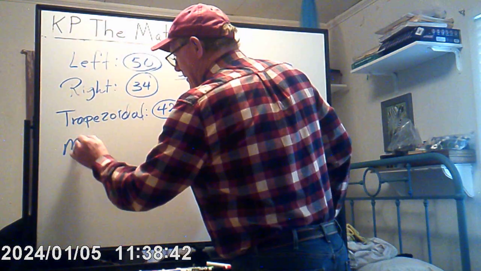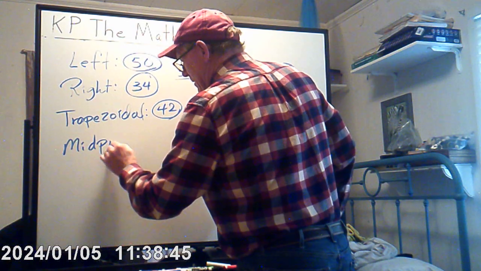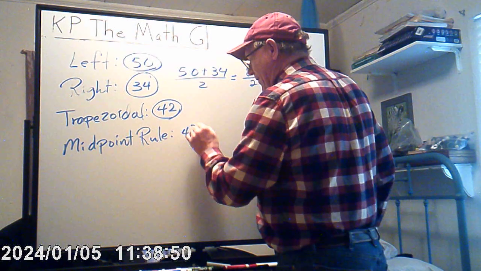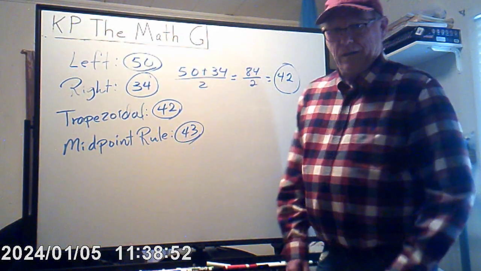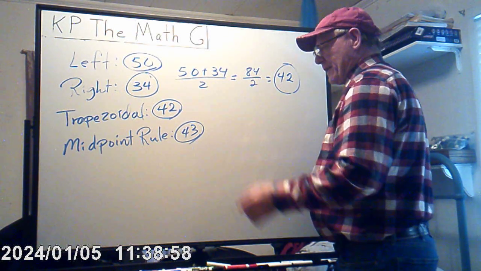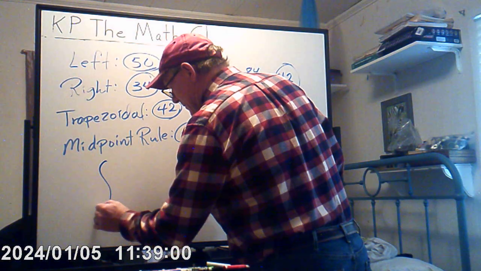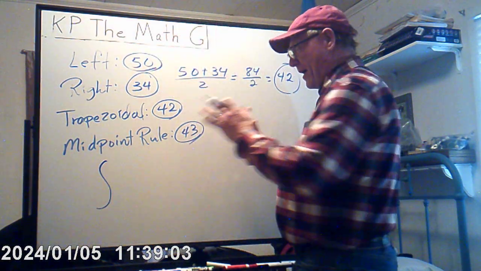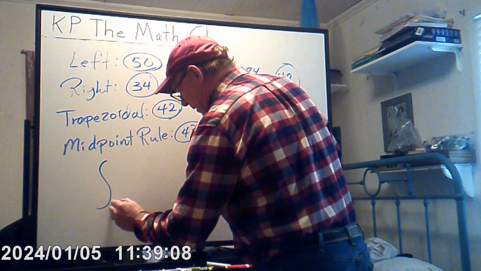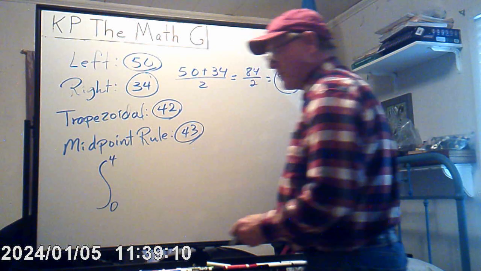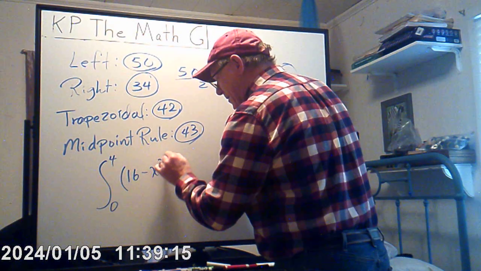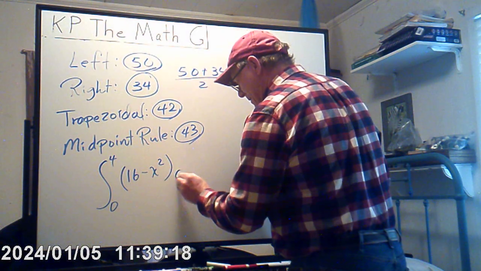On the midpoint rule, we got 43. The actual answer to this is, and we haven't done this before, not on a video, you may have done this before, summing up from 0 to 4 of 16 minus x squared, that's your heights, times delta x, dx.